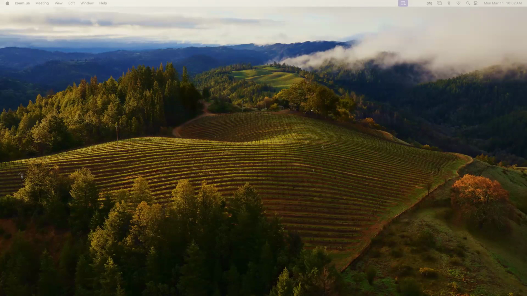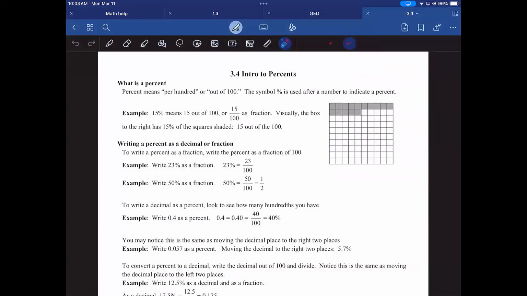All right. So today we're going to be playing with the intro to percents, and let's make sure that's showing for everyone. So on my screen, we appear to be doing well.